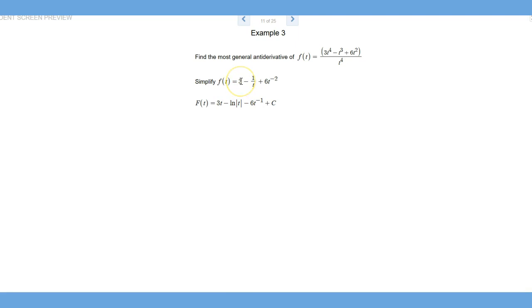The antiderivative of 3 is just 3t. And the antiderivative of 6t to the -2nd is -6t to the -1st. So I'm adding 1 to that negative power and then dividing by it. And then I tack on that c. And notice the convention that the antiderivative is the capitalized letter of the given function.